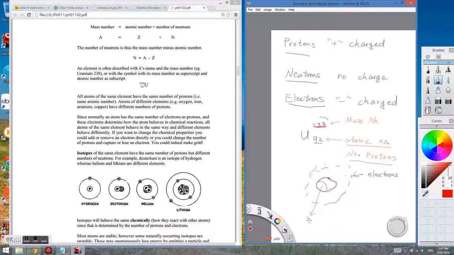In the nucleus, there are 92 protons. The rest, say if I use one color here, will be neutrons.